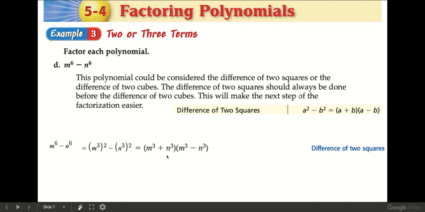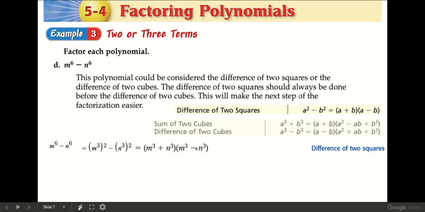Now, if I look at it, probably looks a little simpler now. What do you notice here? This is a sum of two cubes, and this is a difference of two cubes, right? So sum of two cubes, difference of two cubes. So I get to use these things kind of in parallel here. So m to the 3rd plus n to the 3rd is going to fall into this category. So literally I can follow this pattern here, and instead of using a and b, I'll use m and n.